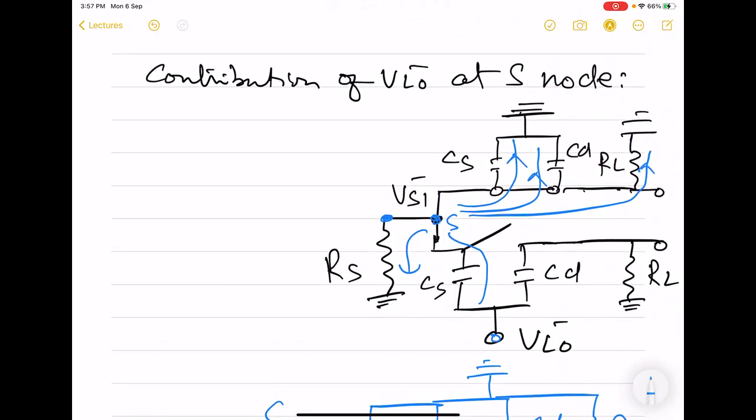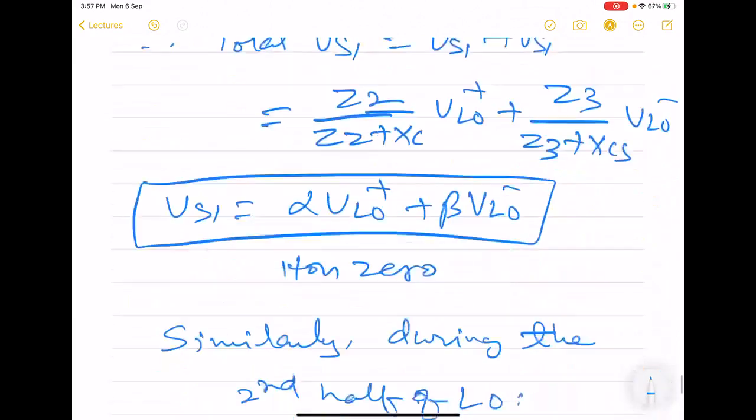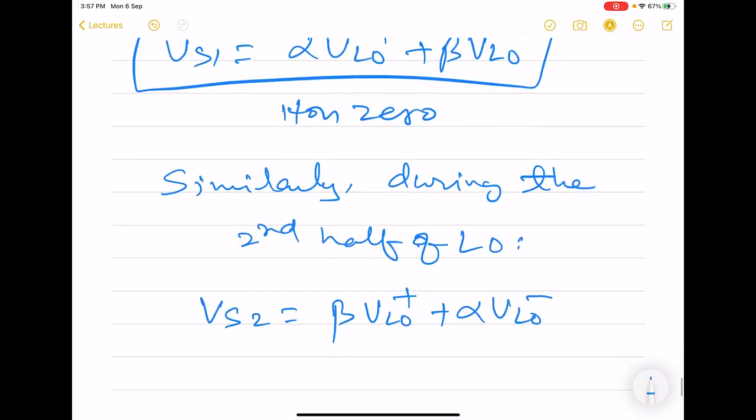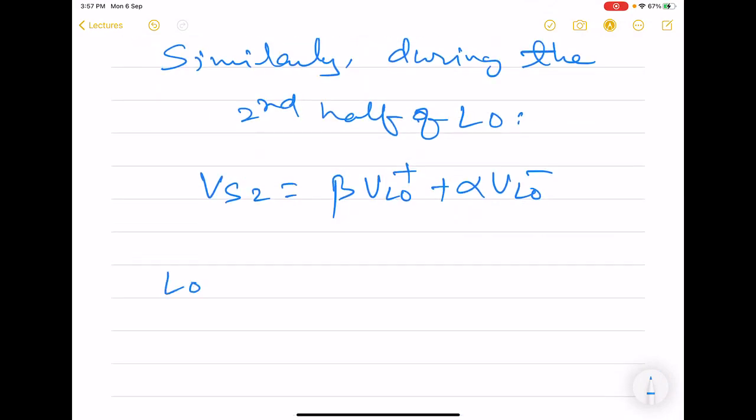So from symmetry, you can guess that now we will have a voltage Vs2, which is going to be beta into VLO plus, plus alpha into VLO minus. So again, non-zero voltage is present here. But what is happening here is you can see that LO to RF leakage is present.